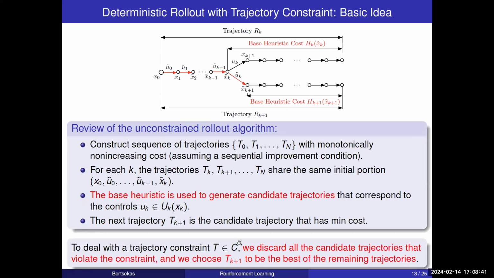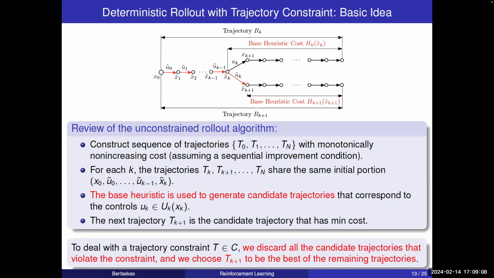We formalize it in a succinct way by this set C. C is a set of constrained trajectories that are admissible for our problem. To deal with the trajectory constraint, maybe the obvious thing to do would be just to discard all of the candidate trajectories that violate the constraint. And of these remaining trajectories, we just select the best one, the one with minimum cost.